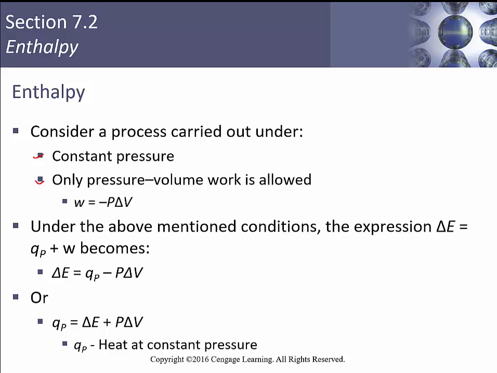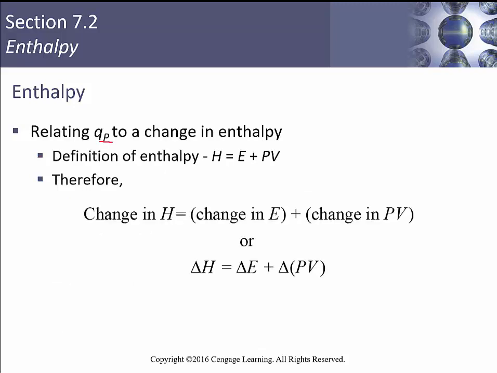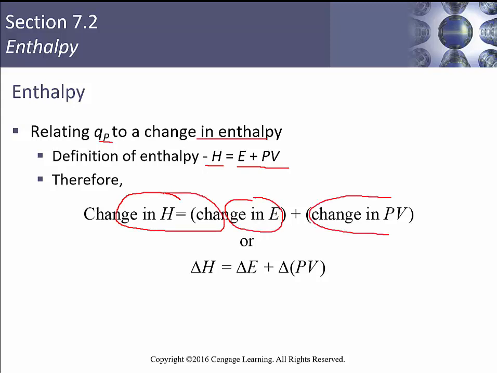So we can relate our constant pressure Q to a change in enthalpy. So our definition of enthalpy will be that H is equal to E, our energy, plus pressure times volume. So a change in H is going to be related to the change in energy plus our PdV work change. So our delta H is equal to delta E plus PdV.